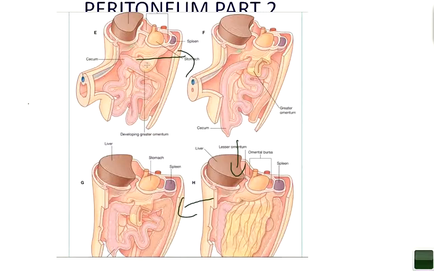Now I will show a diagram to understand the development of the greater omentum clearly, how it is formed and how it has two double layers. That means here the sheet has opposed two times, therefore it is two layers, otherwise it would have only one layer.